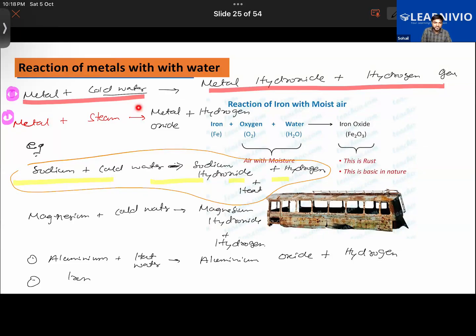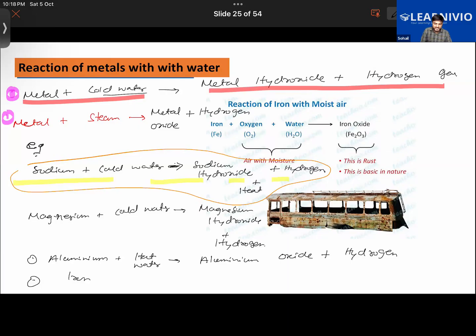As I told you in the first place, a metal reacting with cold water will give a metal hydroxide along with hydrogen gas. A metal reacting with steam will give metal oxide, as we have the example of iron. Iron also reacts with oxygen and water to give iron oxide.